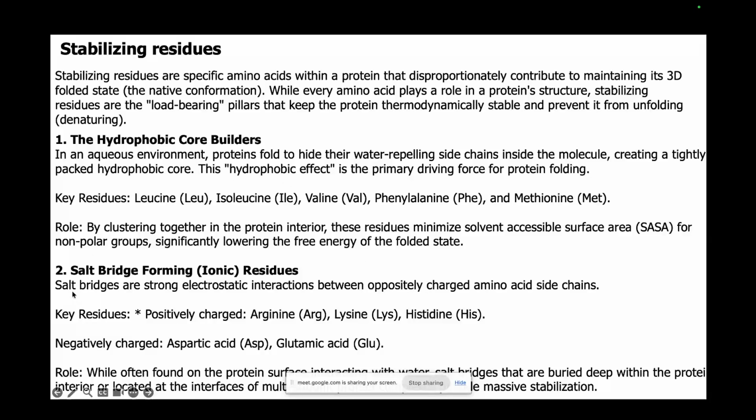Then you have salt bridges. Basically these are ionic bonds that form between polar residues. These are strong electrostatic interactions between oppositely charged amino acid chains. In the positively charged category, you have arginine, lysine, and histidine, and for negatively charged, you have glutamic acid and aspartic acid.